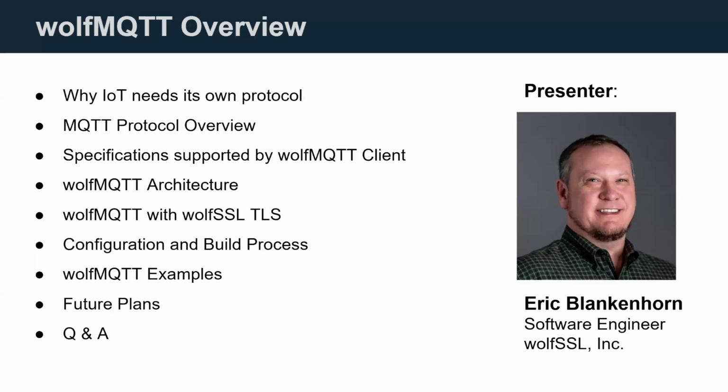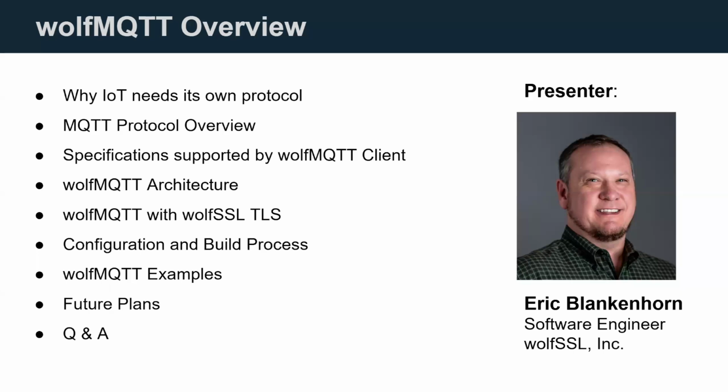I'll be discussing the basics of the MQTT protocol and how the wolfMQTT client library can help secure your IoT network. We'll start with a discussion about the specific needs of the Internet of Things, which will lead us to an overview of the MQTT protocol itself. Next, we'll review the different specifications that are supported by the wolfMQTT library. Then we'll take a look at the architecture of the library, integration with wolfSSL, and a quick look at the configuration options and the build process.